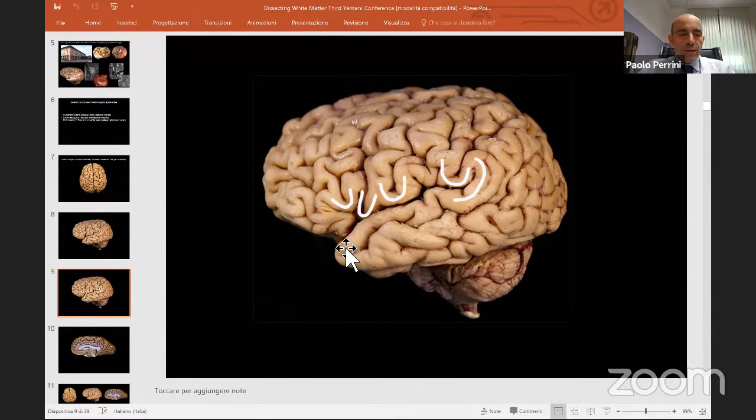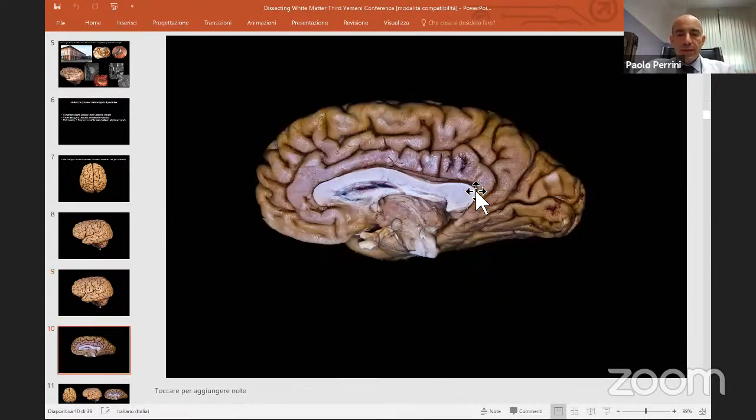The second U is the opercular portion of the inferior frontal gyrus, always intersected by the precentral sulcus. The third U is the subcentral gyrus, always intersected by the central sulcus. The fourth U is the connection between the postcentral gyrus and the supramarginal gyrus. The supramarginal gyrus is the continuation of the superior temporal gyrus that wraps around the end of the sylvian fissure. We can find this invariance in all specimens.